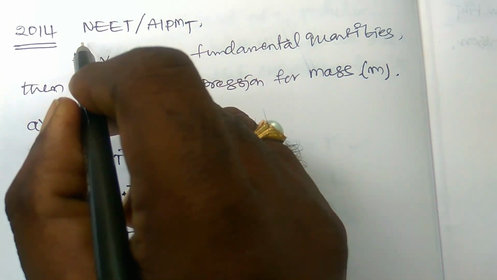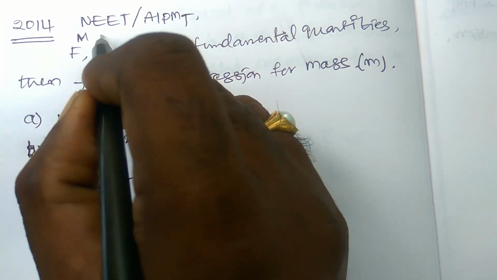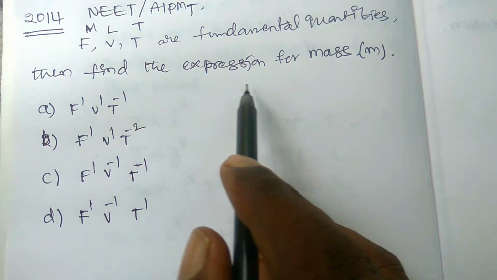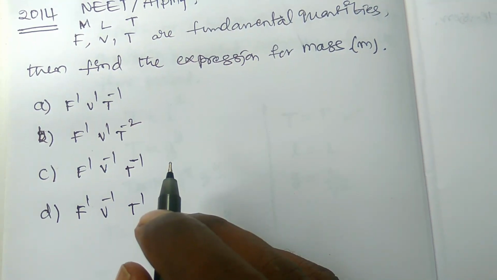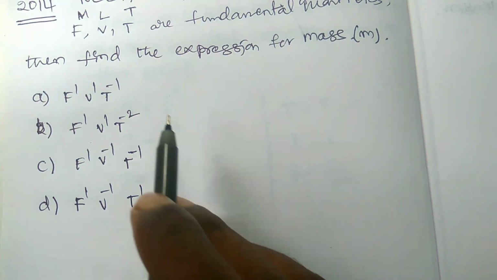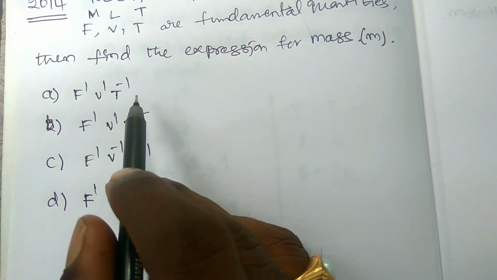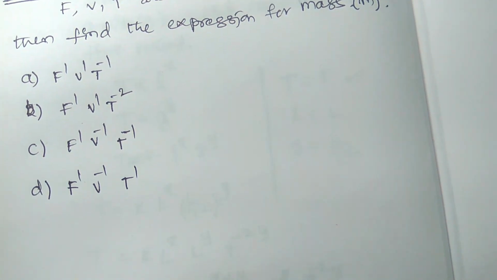Fundamental quantities means this can be mass, length and time. Then find the expression for the mass. These are the options we have.